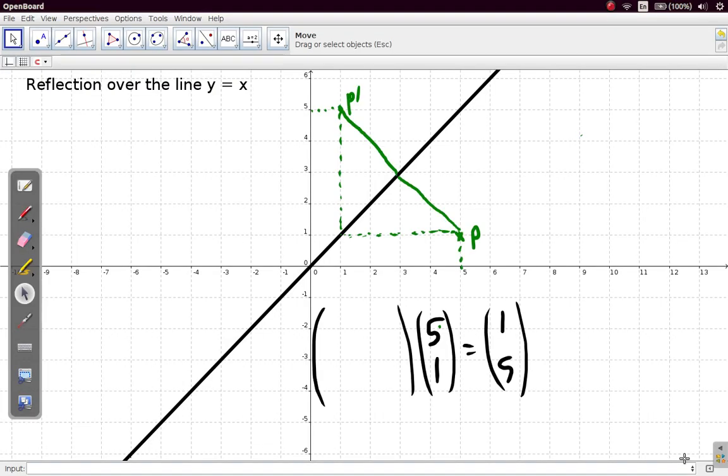Okay, you've paused the video and you figured out what the reflection matrix is over the line y equals x. Let's see something here.